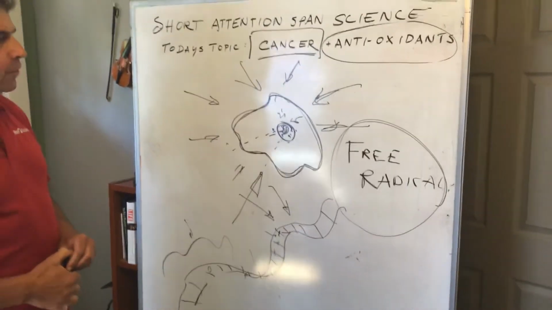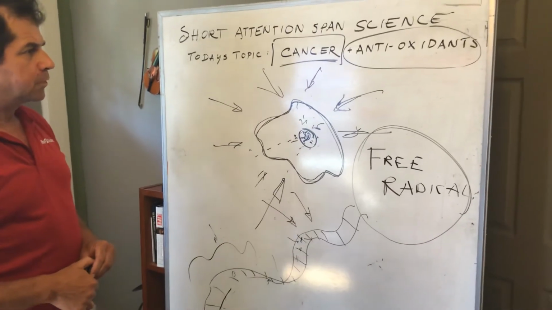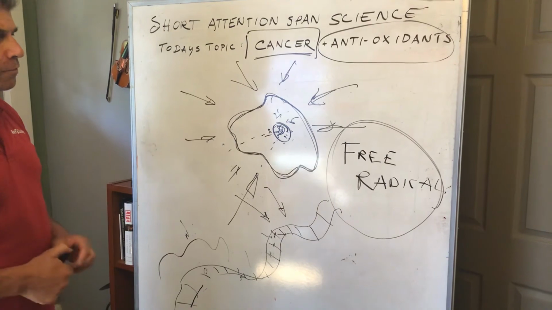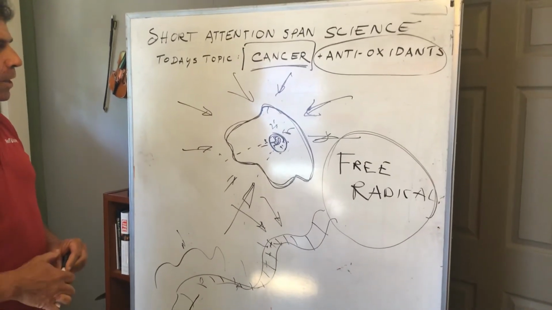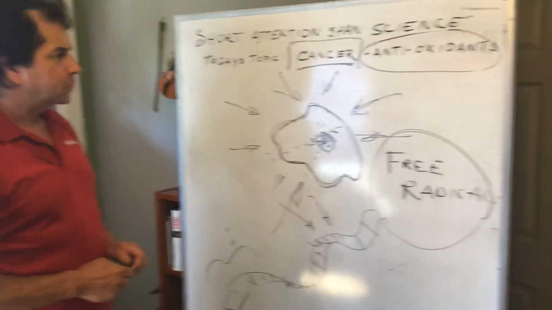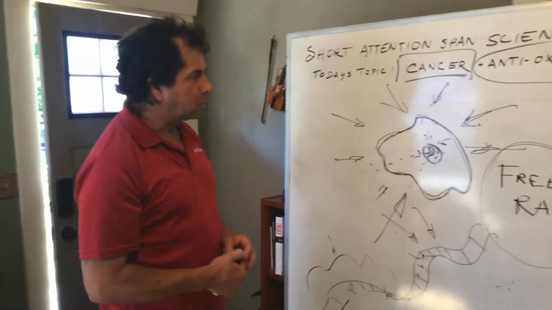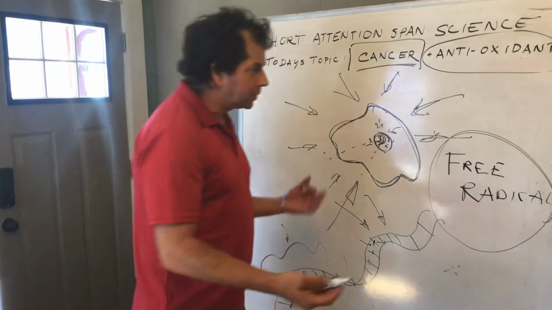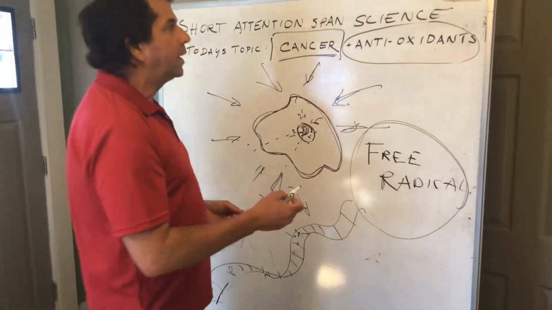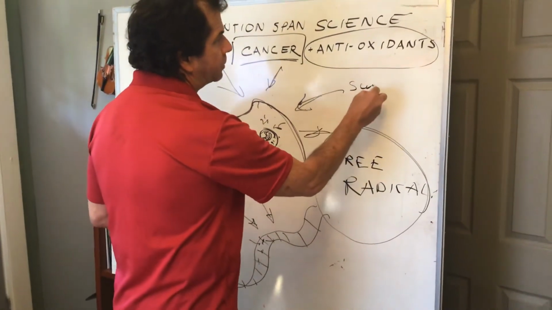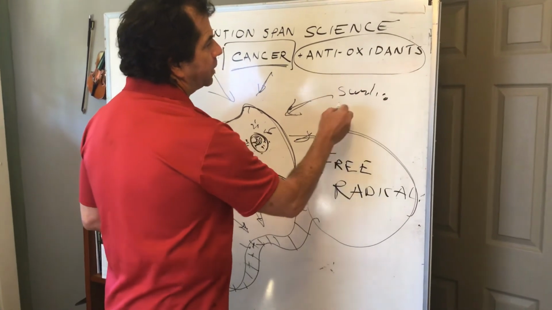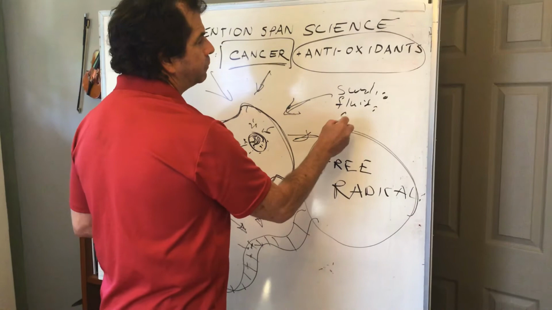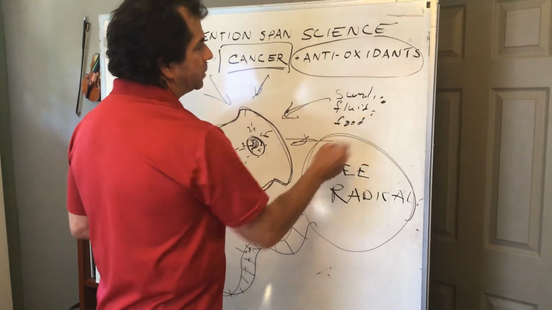Free radicals are created or just in our environment. They can come around and be absorbed through our body through sunlight, the fluids we take in, the food we eat.